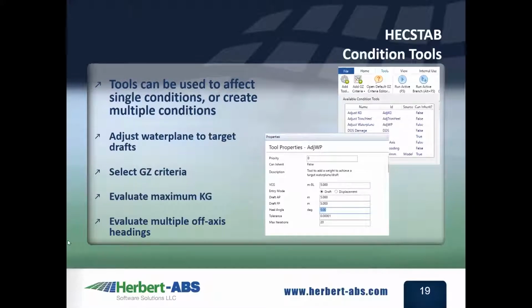Or apply a tool that will take this condition and modify it such that I can find the maximum KG or the required GM, that type of calculation. Or you can have a tool that creates multiple off-axis headings. So I can say, here's my starting condition, now give me 15, 20 conditions that are based on this condition, but looking at the stability at every 15 degrees around the heading, that type of thing.